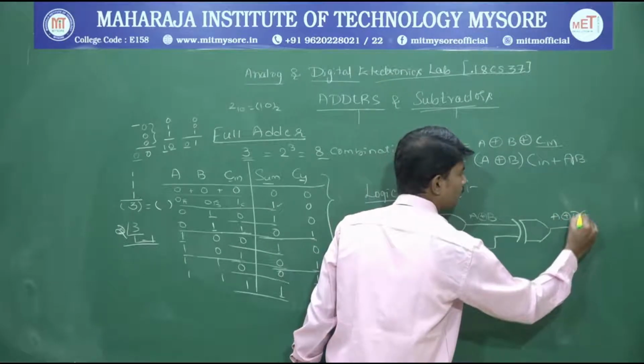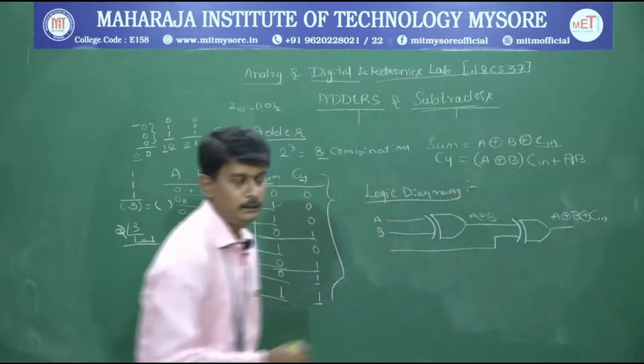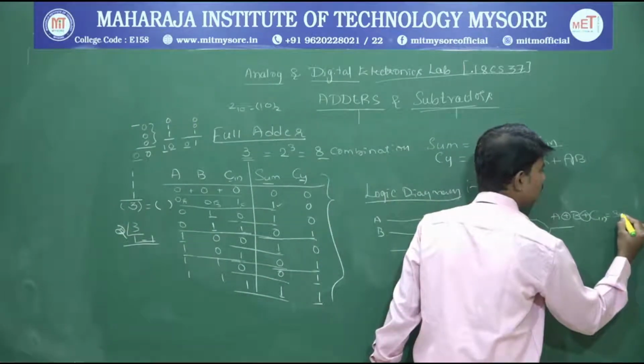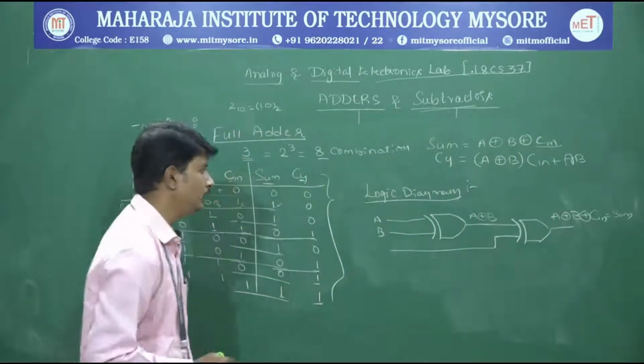Now I am going to get a sum output, which is nothing but A XOR B XOR C in.